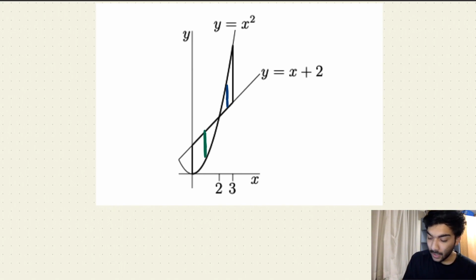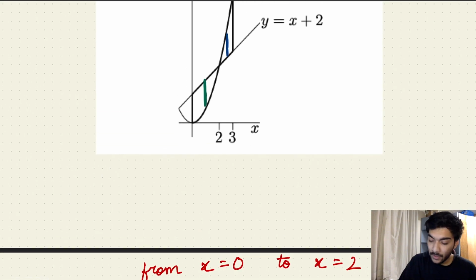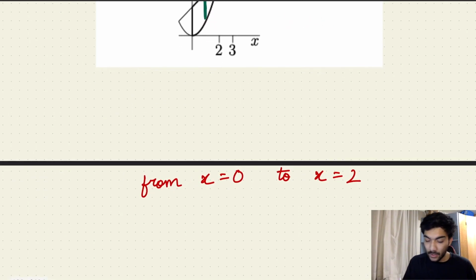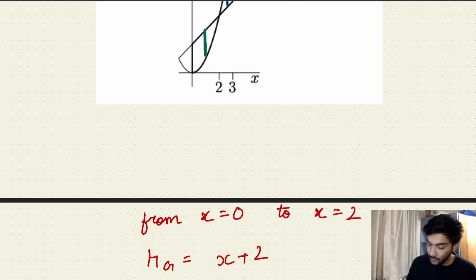While calculating the area from x equals 0 to x equals 2, our y values of the line function are greater than the parabolic function. Since the upper y value depends on the line function and the lower y value depends on the parabolic function, the height of my green vertical strip would be x plus 2 minus x square.